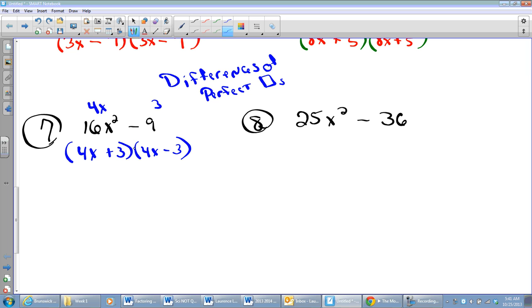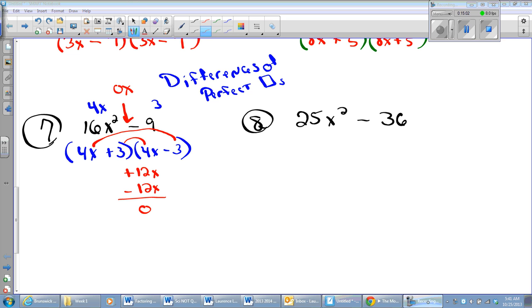Now, if you go to FOIL this, you'll notice the inners and outers cancel each other out. I got a positive 12x, and then I have a negative 12x. Notice that's 0. And also notice there are 0 x's in this binomial. Okay? This is called the difference of perfect squares. When you have a perfect square minus a perfect square, it can factor that simply.